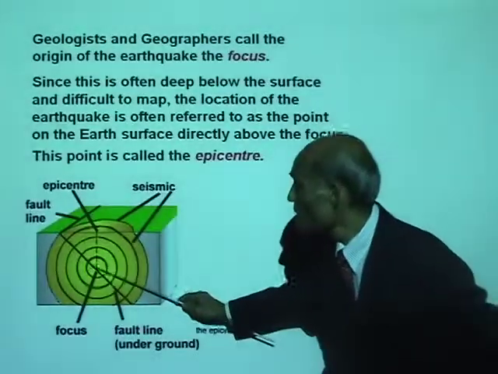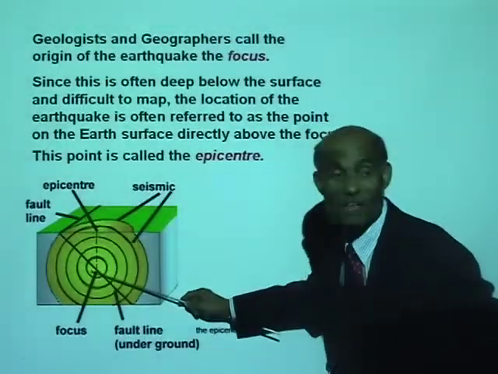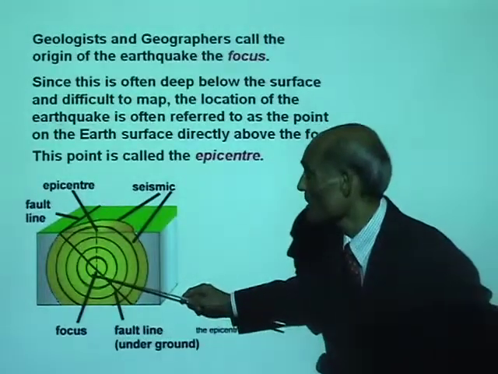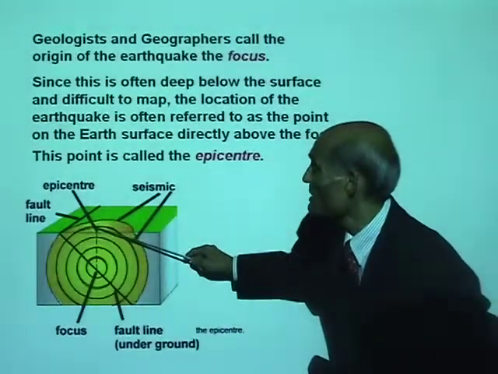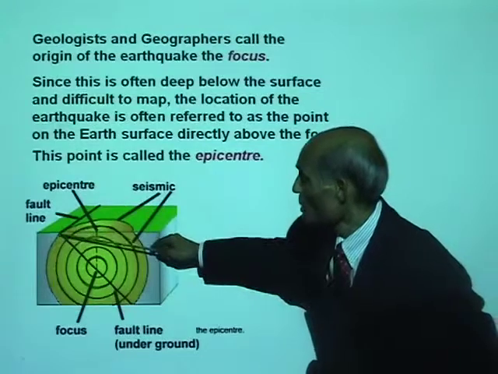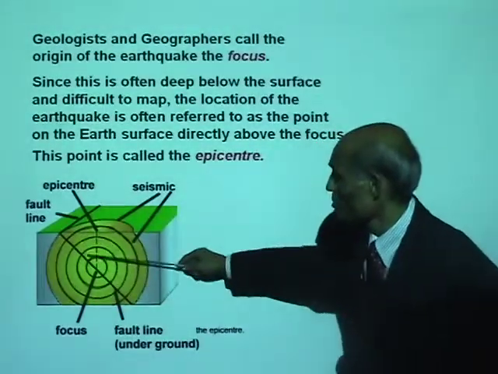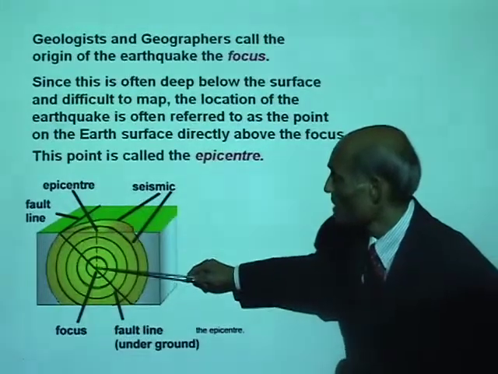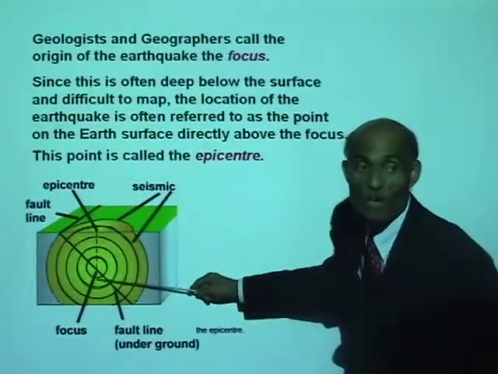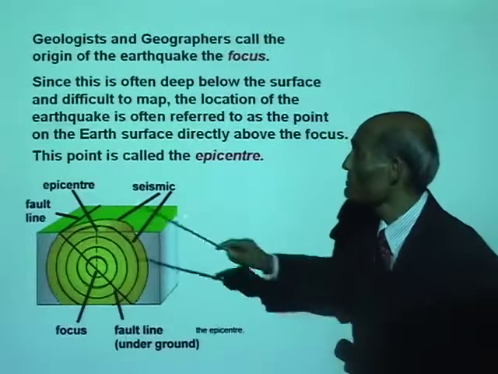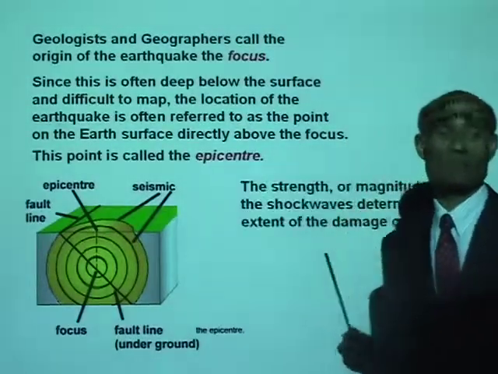Now, if this is the focus where the earthquake has actually happened, the epicenter is above it. So, the focus is actually along the fault line. This is the fault line, and the earthquake happens along a fault line, and the epicenter is directly above it.